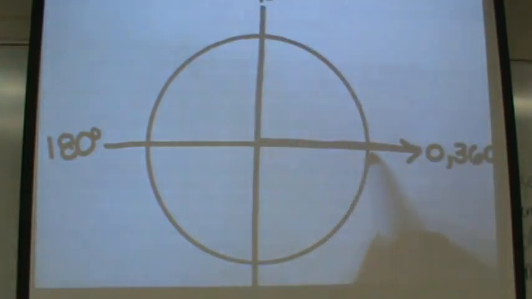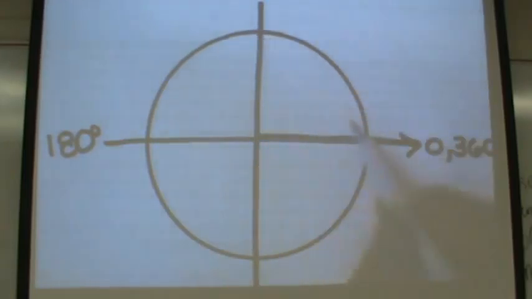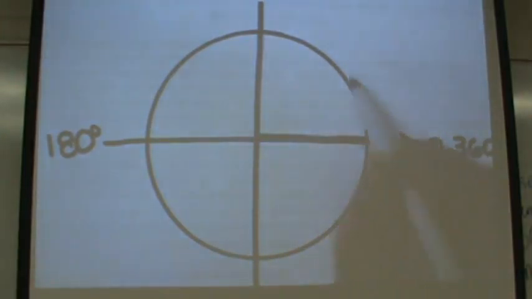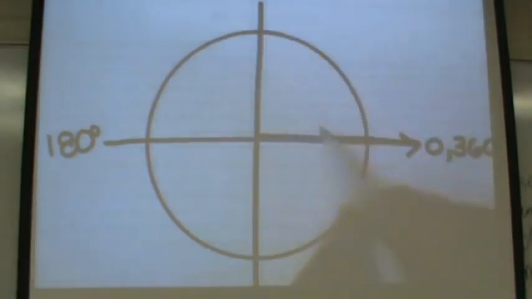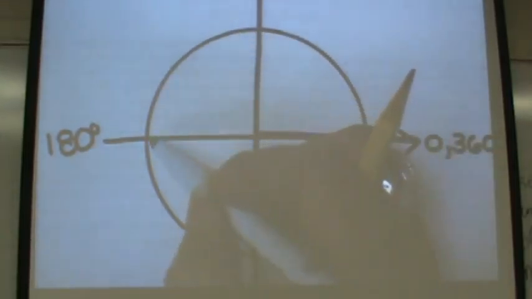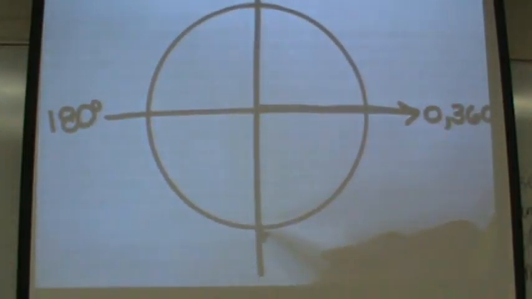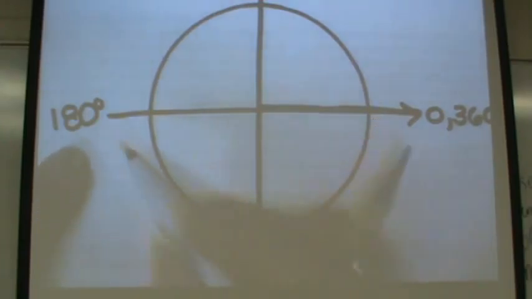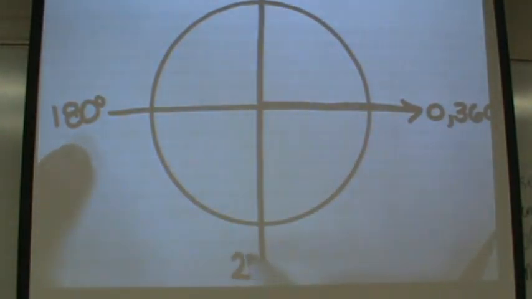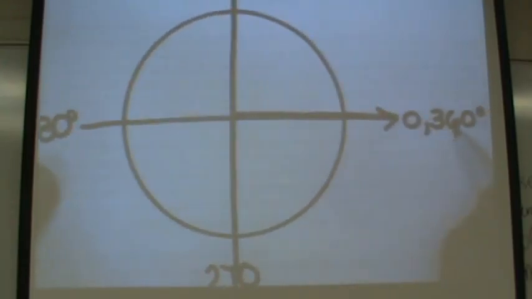This is 90. So each of these axes measures 90 degrees, and we're going to count by 90s. 90, 90 is 180. What's another 90? If we added 90 to this, what do you get? 270. If we added 90 to 270, we get 360. Are we good with that?